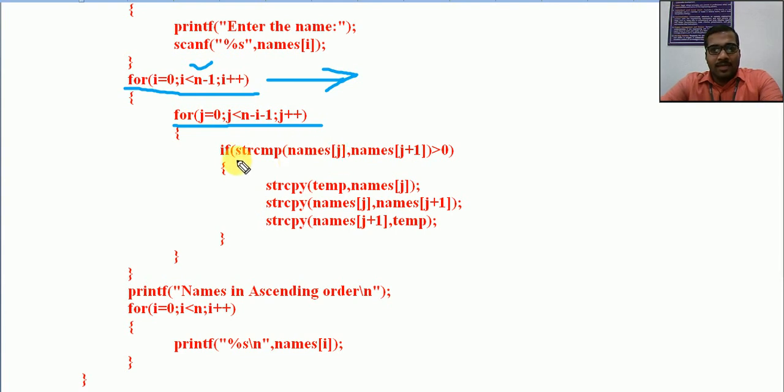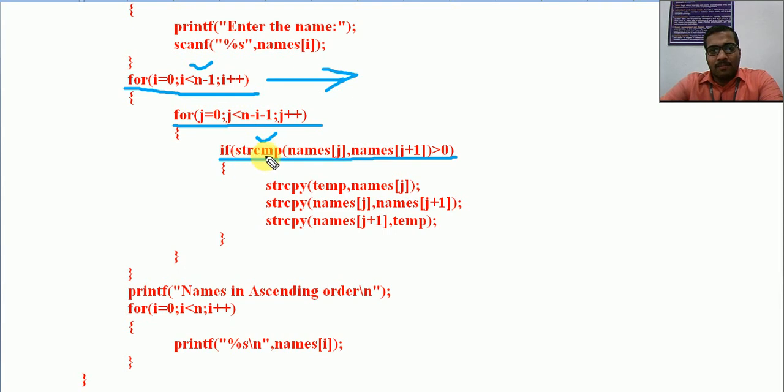Now, similar to the example there, we are doing a comparison, but here the comparison is slightly different. There the comparison was a of j greater than a of j plus 1 in the integer array. But here we are using strcmp, a built-in function for comparison.